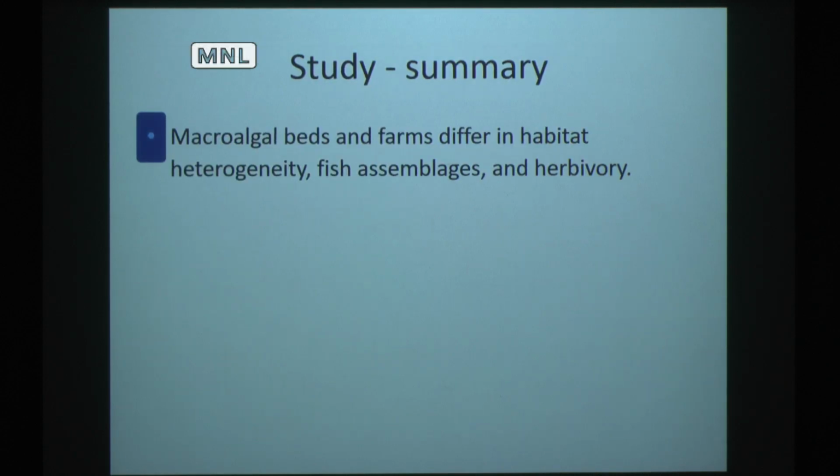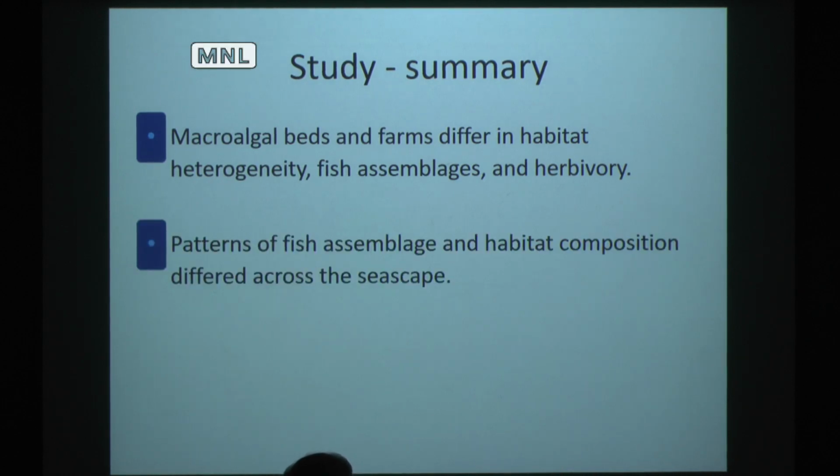So just to summarize, we saw in this study that macroalgal beds and macroalgal farms differ in heterogeneity, fish assemblage, and herbivory. We also saw that patterns of fish assemblage and habitat composition differed across the seascape.